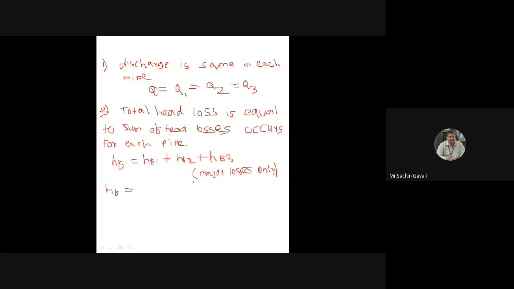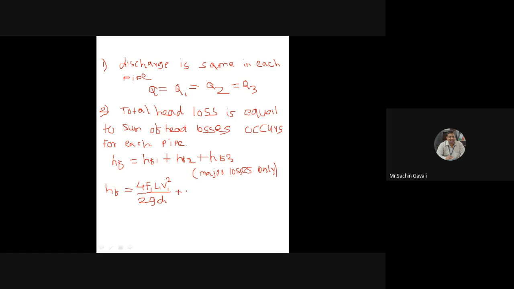We have to use the Darcy-Weisbach equation for the first pipe. It is 4f1 L1 v1 squared divided by 2g d1. It is the head loss for the first pipe.